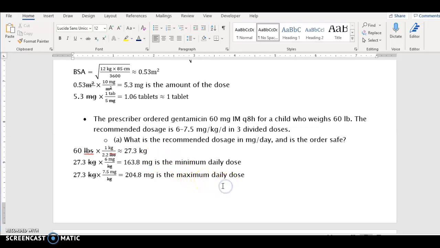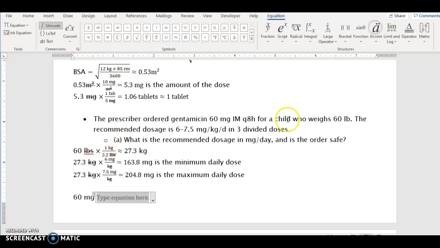So we can't quite compare the amount given in the order with the minimum and maximum daily dose. If 60 milligrams is given every 8 hours, to determine how much is given per day, we would take 60 milligrams and multiply it by 3.